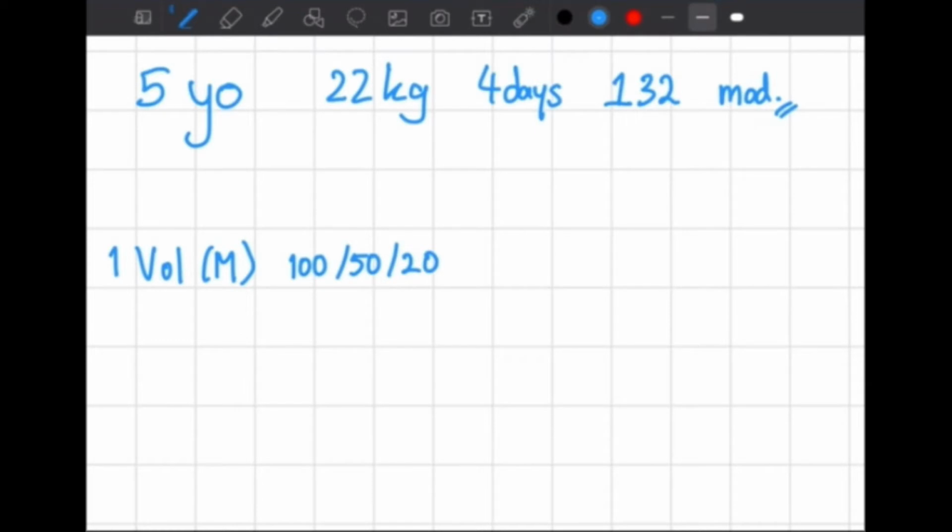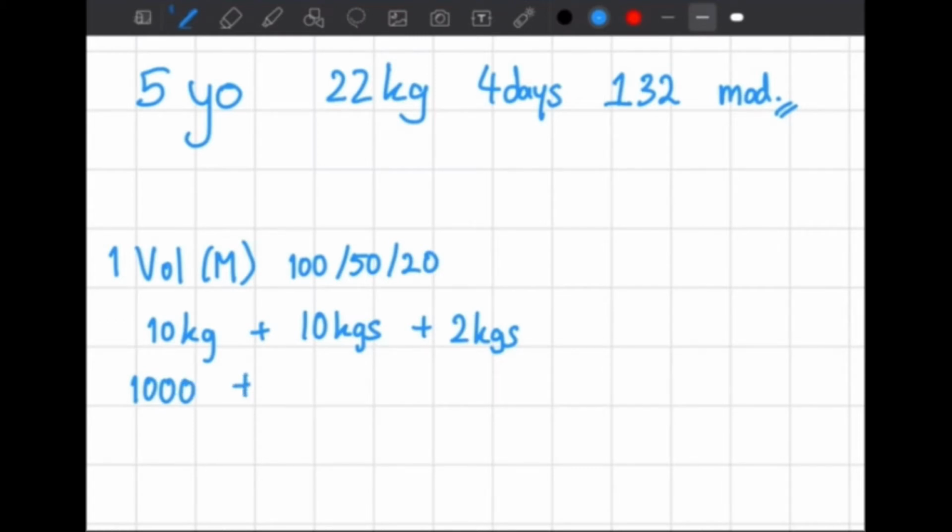The kid is 22 kilograms, so that will be 10 kgs, plus another 10 kgs, plus the remaining 2 kgs. For the first 10 kgs, each kilogram would receive 100 milliliters of water. So 100 multiplied by 10 gives 1000 milliliters.